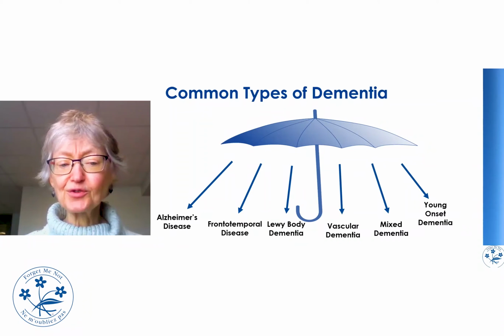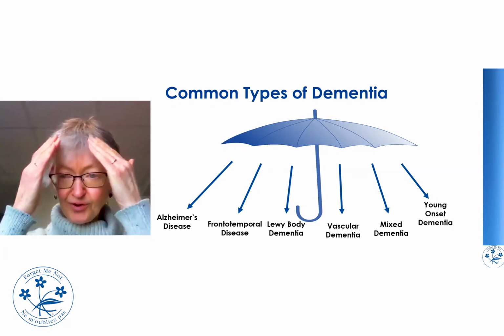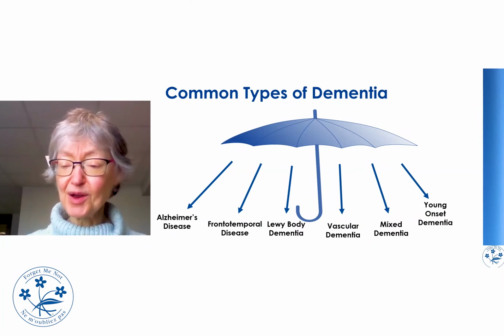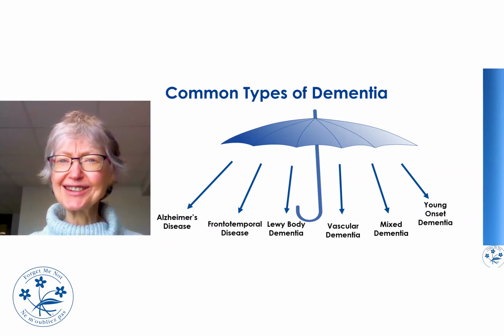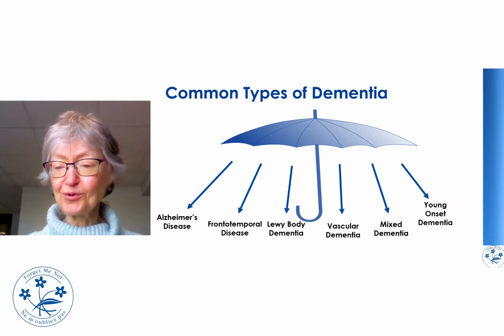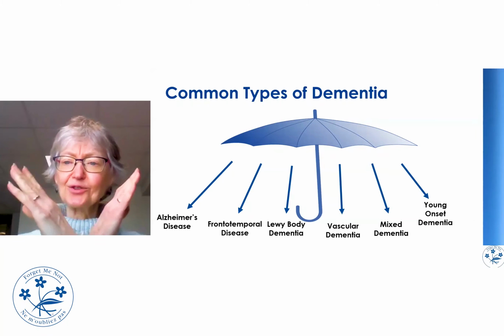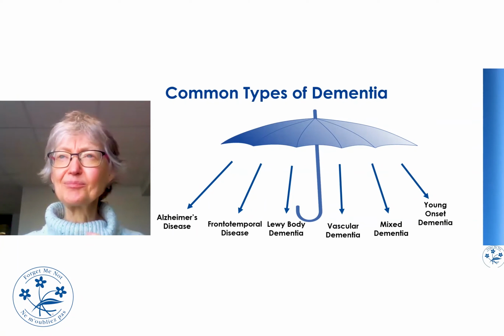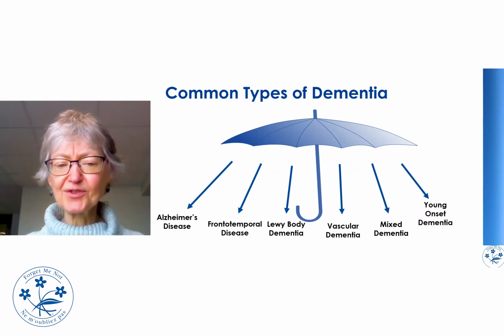Then there are the frontotemporal diseases. They start in the temporal and front lobes of the brain, and they don't start with memory loss. You're going to see changes in language, judgment, reasoning, and behavior long before you see any memory impairment. Then there's something called Lewy body, and Lewy body dementia looks like a cross between Parkinson's and Alzheimer's disease.